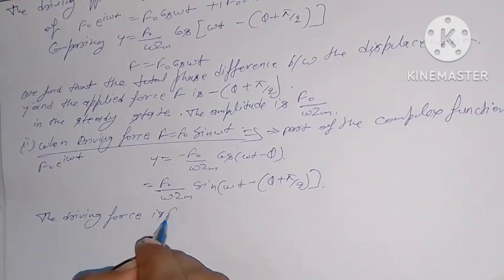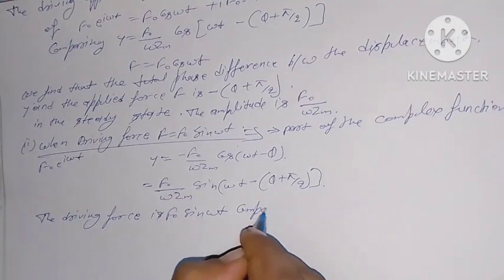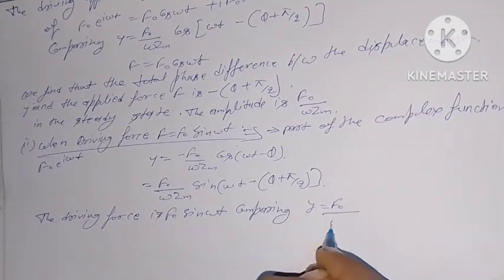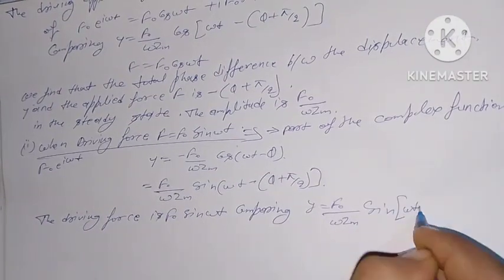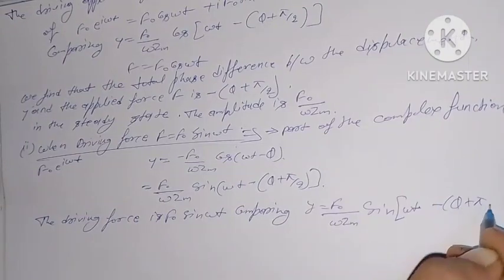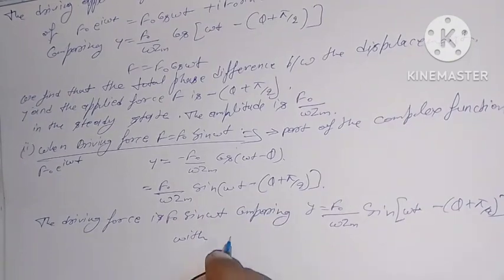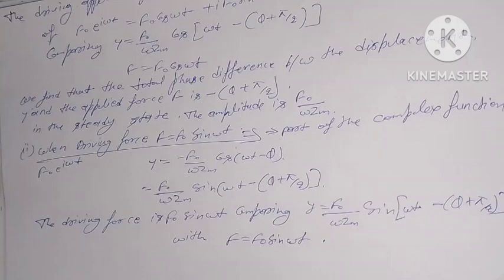The driving force is F₀ sin ωt. Comparing y = F₀ / (ω Zₘ) sin(ωt - φ + π/2) with F = F₀ sin ωt.